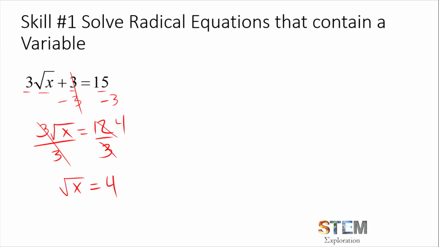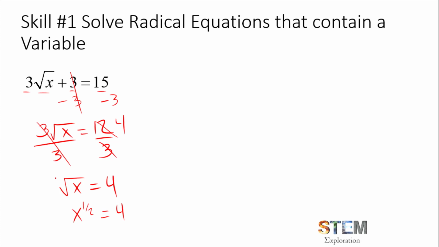We need to separate these components out to a situation like this. The only thing that might be a little different from what you're used to is that this is, for example, x to the 1/2 power or the square root of x, depending on what you're most comfortable with, and we need to get this to a whole value of x.